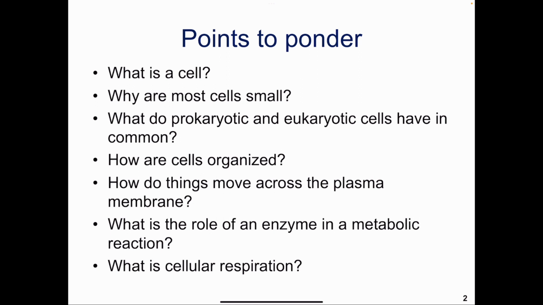What is common among those cells and what is different? How are cells organized? How do chemicals cross the plasma membrane, whether they're going in or out? What are enzymes and what is their role in metabolic reactions? And finally, what is cellular respiration?